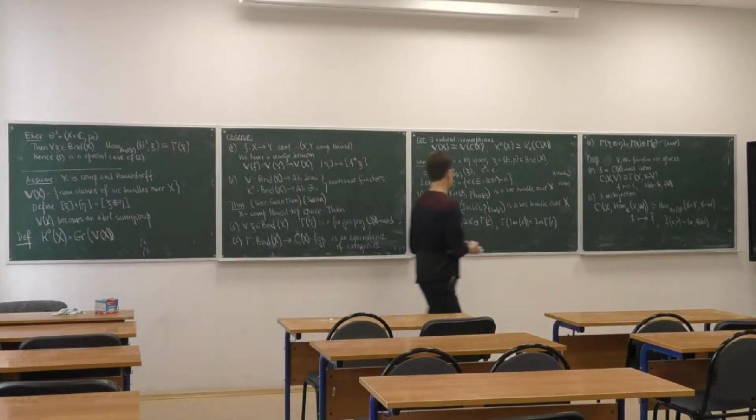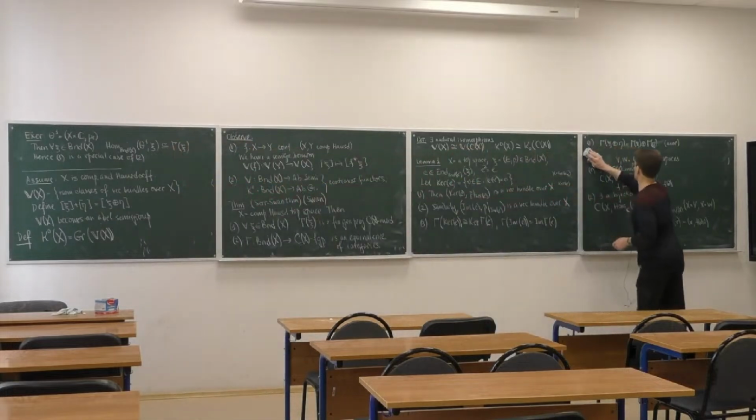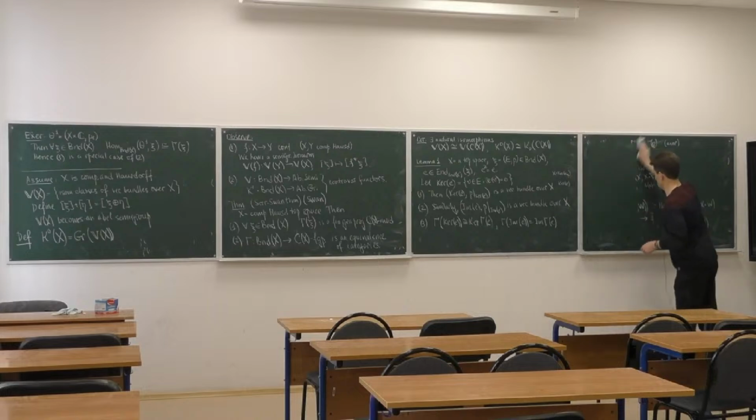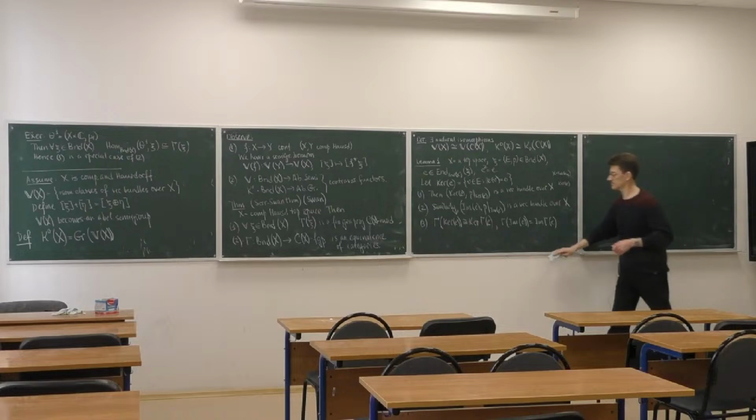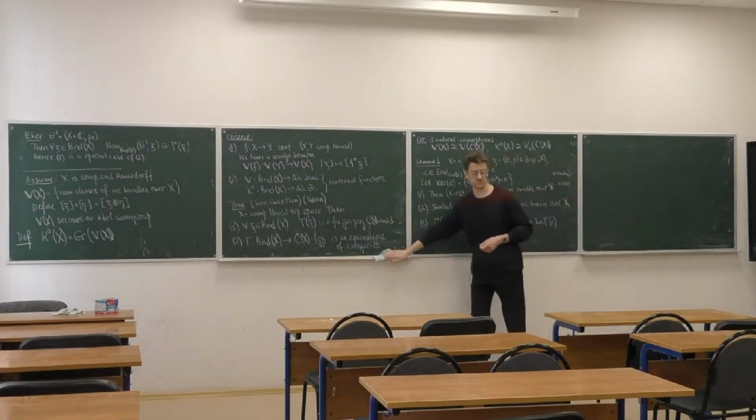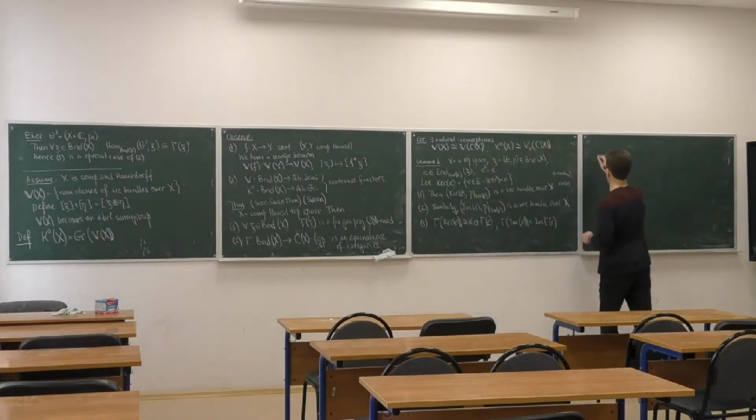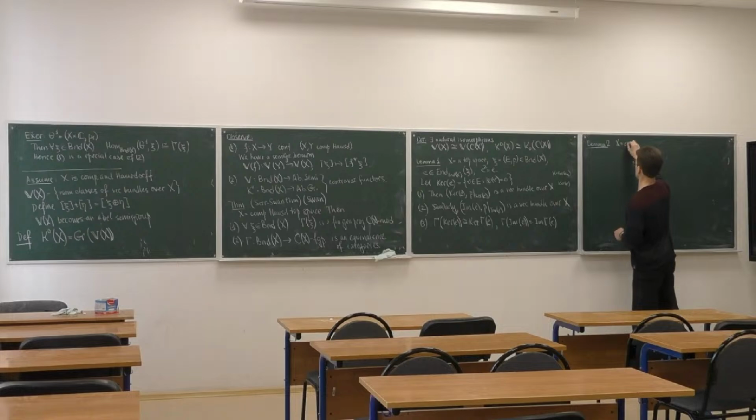And the second result is now specific for compact spaces. Lemma 1 is true for any topological space, but in lemma 2, we require that X is compact. So suppose that X is a compact Hausdorff topological space.